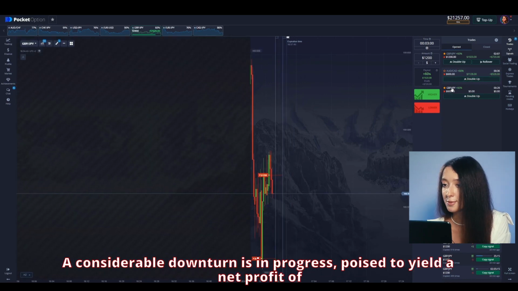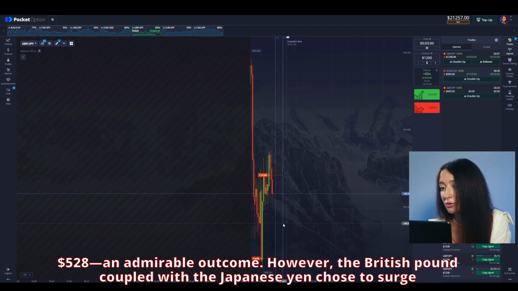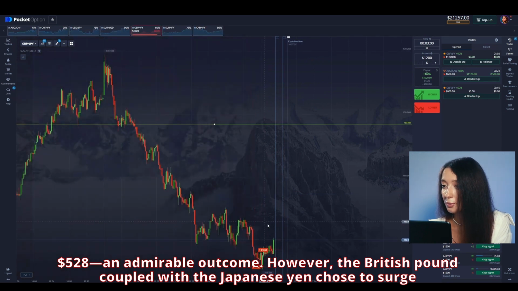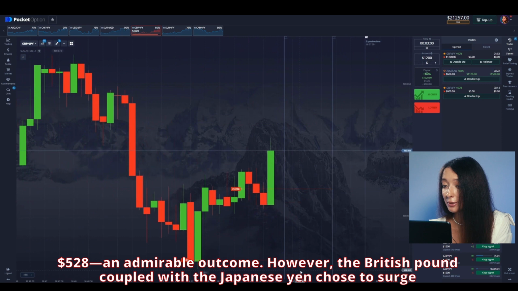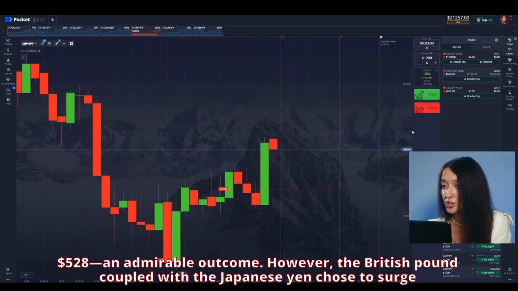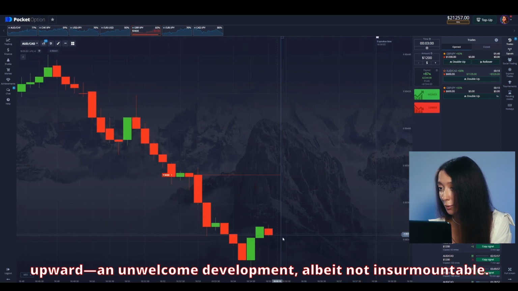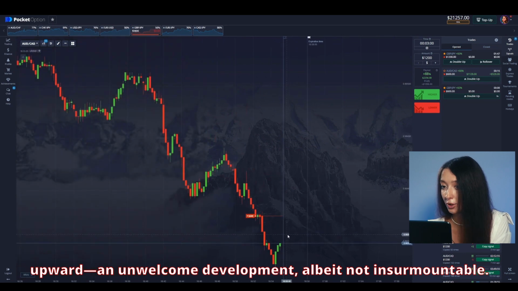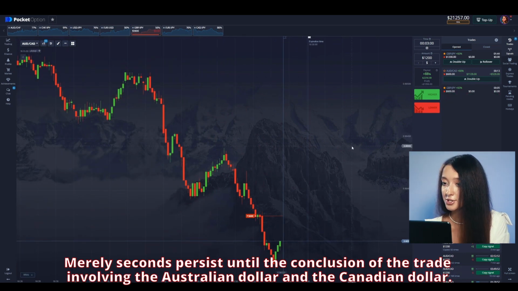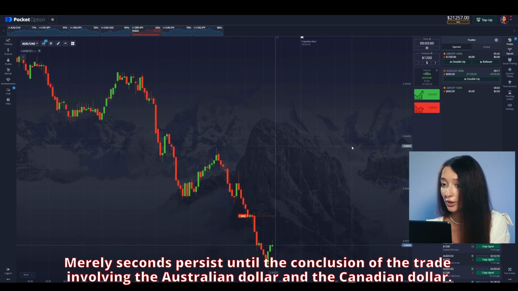Considering the downturn is in progress, it's poised to yield a net profit of like $528, an unbelievable outcome. However, the British pound coupled with the Japanese yen chose to surge upward, an unwelcome development, though not insurmountable. Merely seconds remain until the conclusion of the trade involving the Australian dollar and the Canadian dollar.